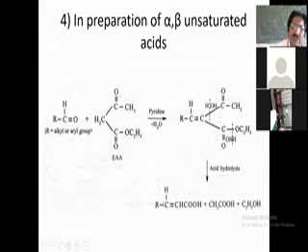Here R may be any group. Therefore, this is called the alpha beta unsaturated carboxylic acid. Unsaturated because of the double bond between carbon and carbon. So it is an unsaturated acid, and hence this is the preparation.